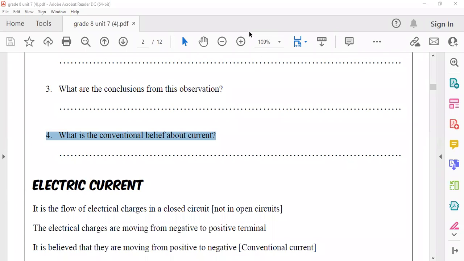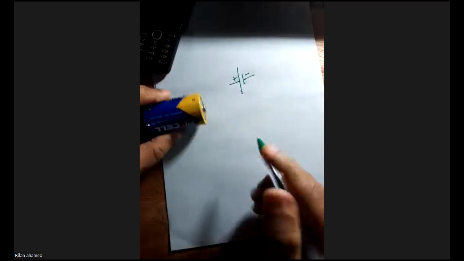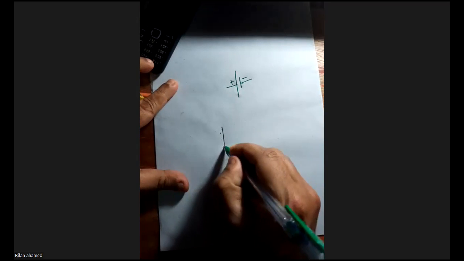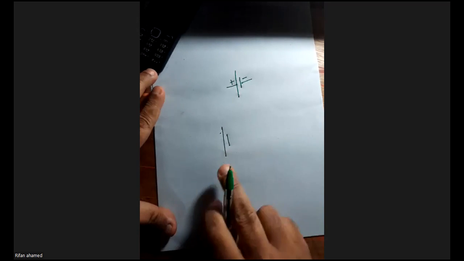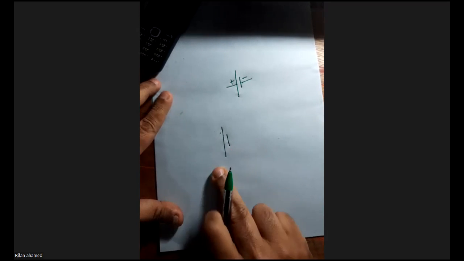I will now explain to you the conventional belief about the current. Here, if you take a battery, this is the positive end and this is the negative end, correct?